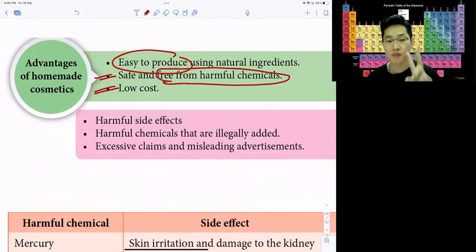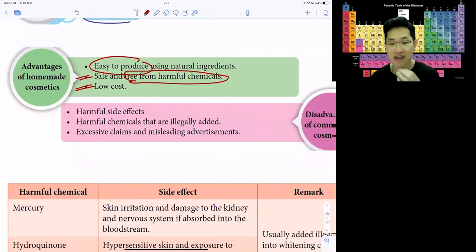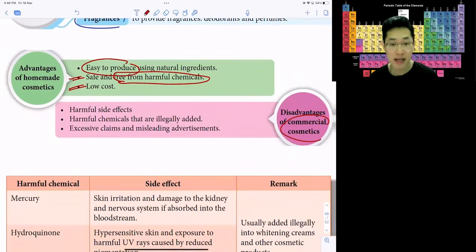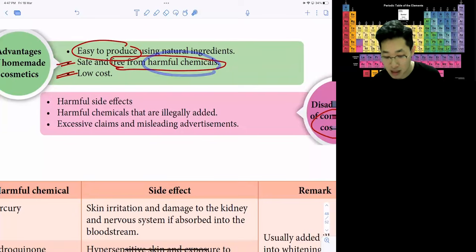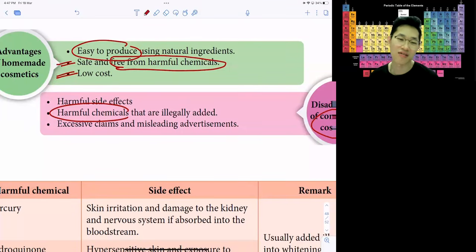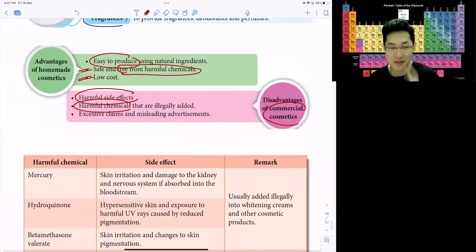And for the disadvantage of commercial cosmetic, it's the opposite: got harmful chemicals. Don't write high cost, of course. Harmful side effects. At least 2.